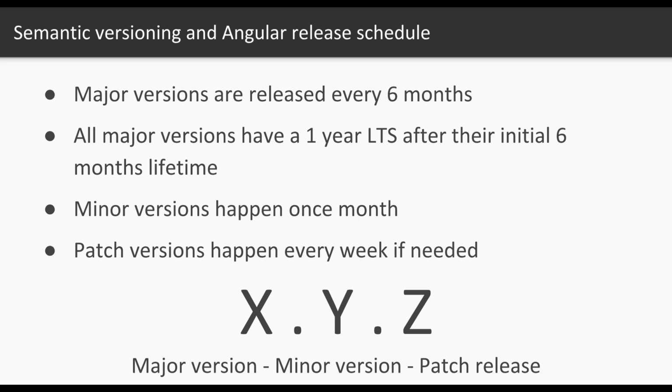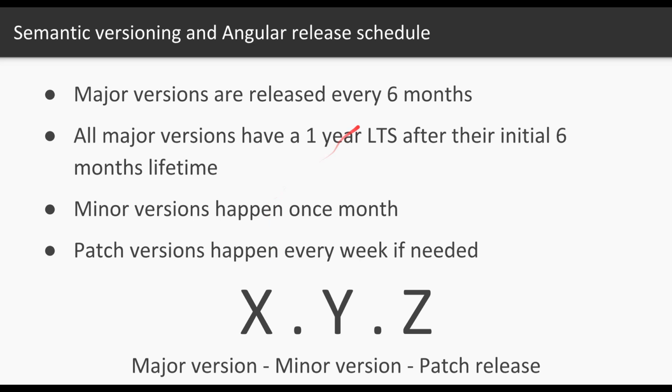And after that 1.5 years, the Angular team is not going to give you any more bug fixes or any minor versions for Angular 7, and you would have to upgrade to the latest version of Angular, which at that point would be Angular 10, 1.5 years from now. So that's how things work.